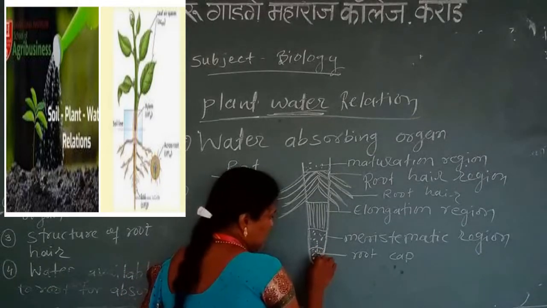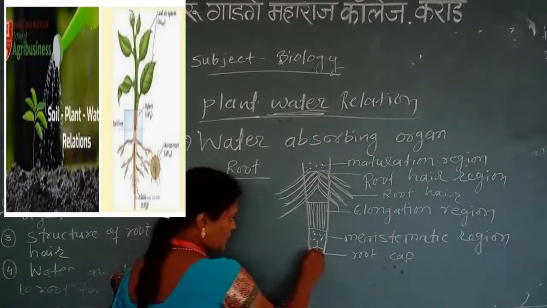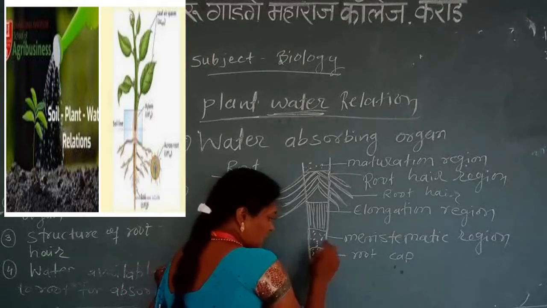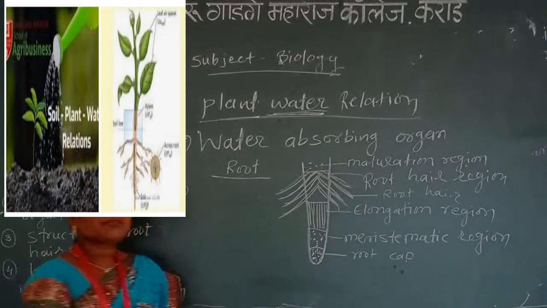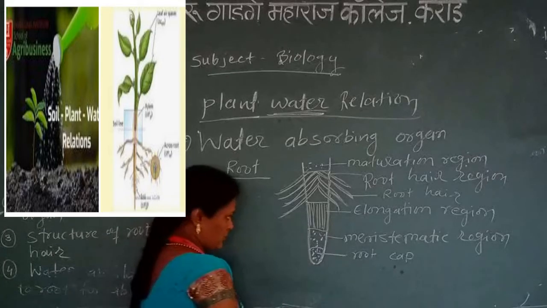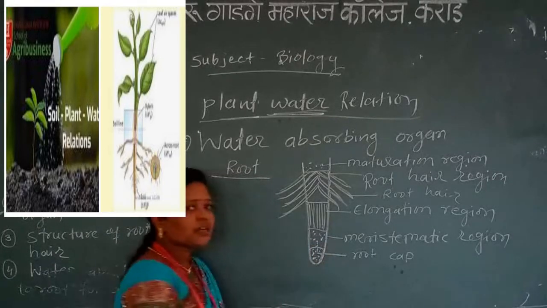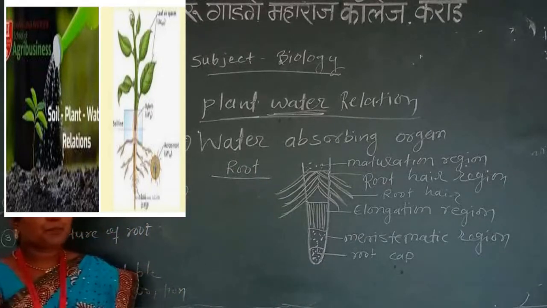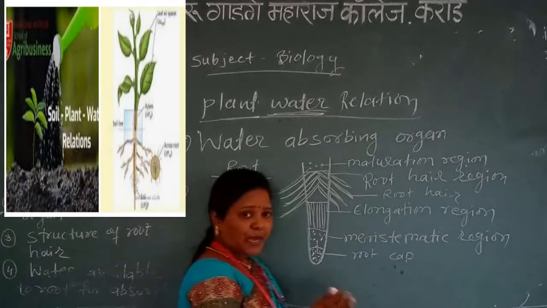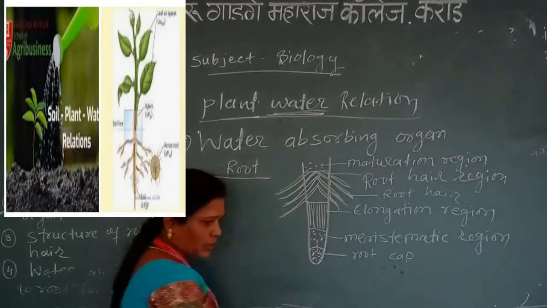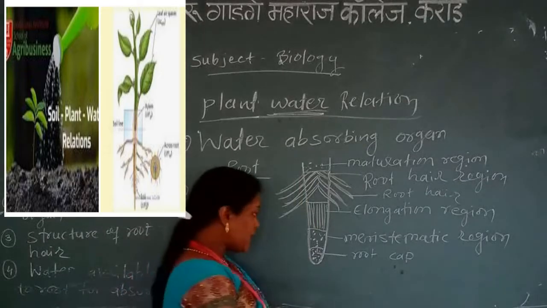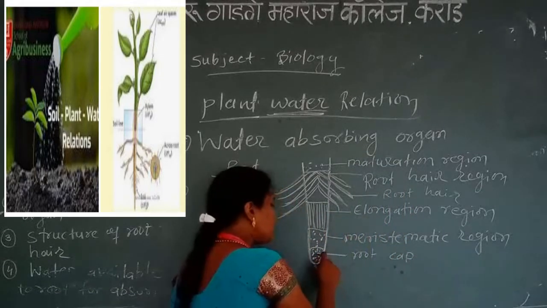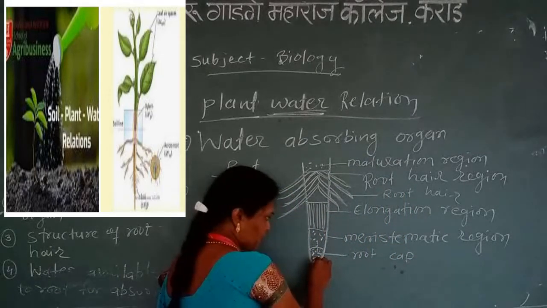This portion is a multicellular cap, and in this region mucilage substances are secreted. These mucilage substances help to lubricate the passage of the root through the hard soil. Lubricating means to penetrate or firmly fix in the soil.